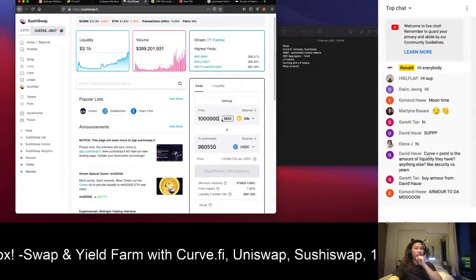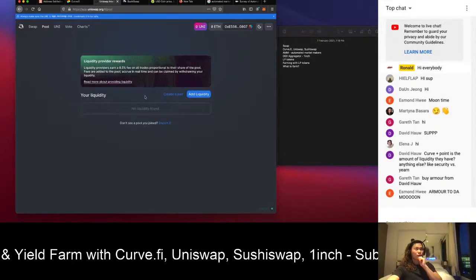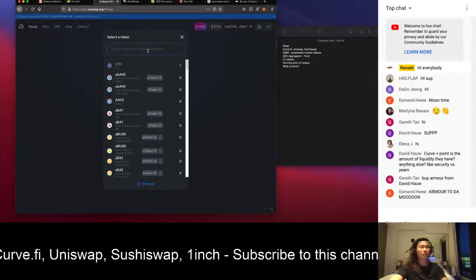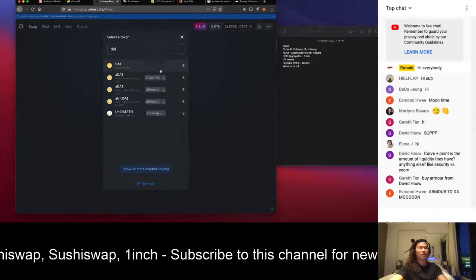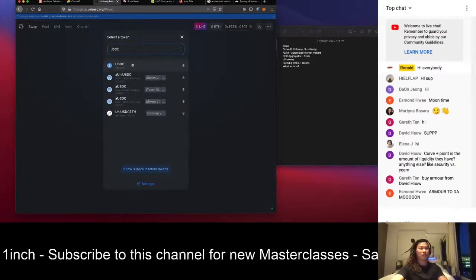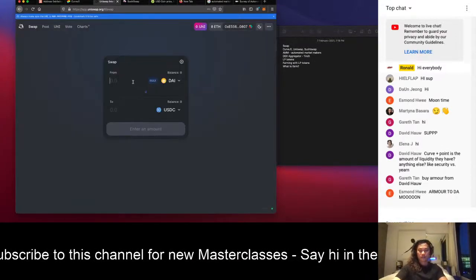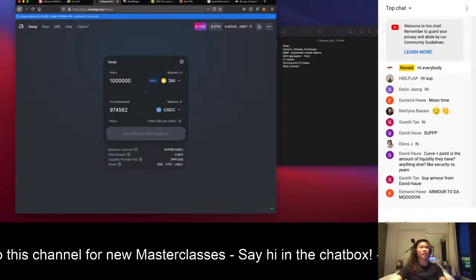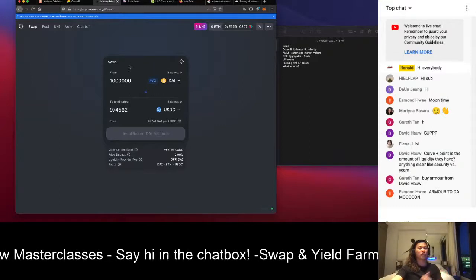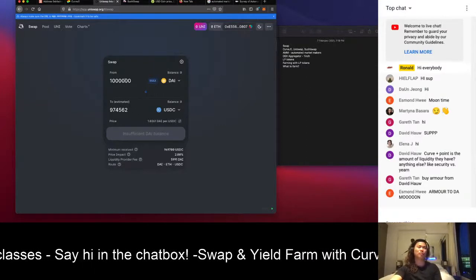So if you remember, if you're swapping DAI to USDC, then you want to make sure that, of course, money is money. So you want to make sure that you go to the broker, the exchange, that gives you the most money.